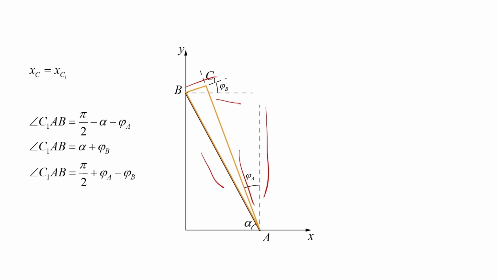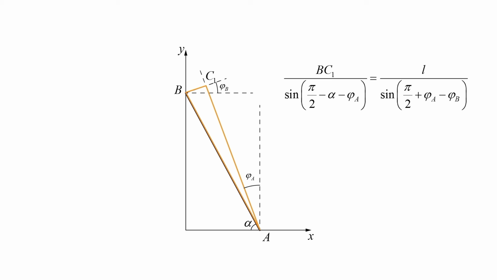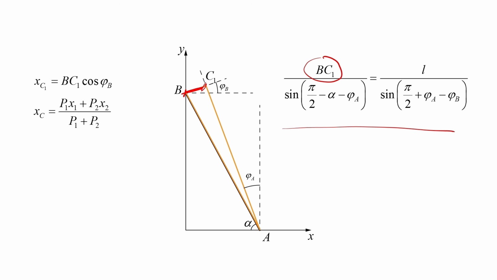It is defined. All the angles of this triangle we can express through the given angles alpha, phi A, and phi B. Having found the angles of this triangle, we can, by the law of sines, write down the following condition for determining BC1. And we can project BC1 onto the x-axis and thus find the coordinate of the point C1.